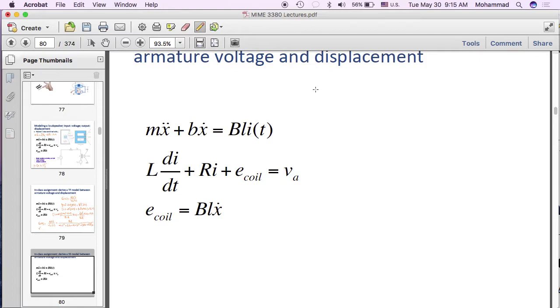So in the first part of the state space model, we are answering this question: how x dot is a function of x and u. This is a third order system, so this is going to be a 3 by 3 matrix.